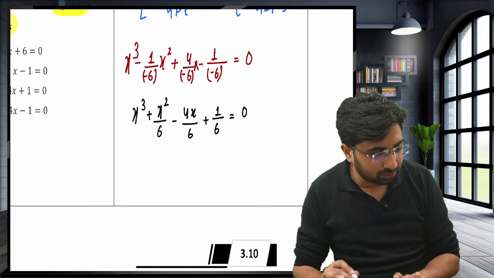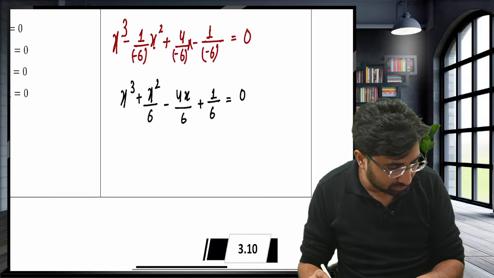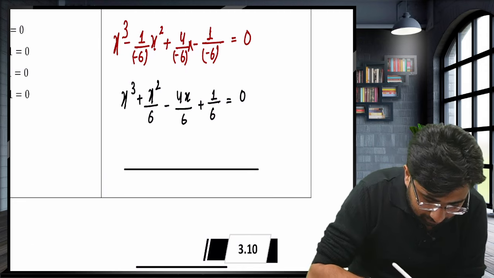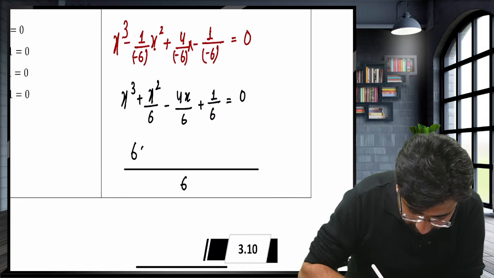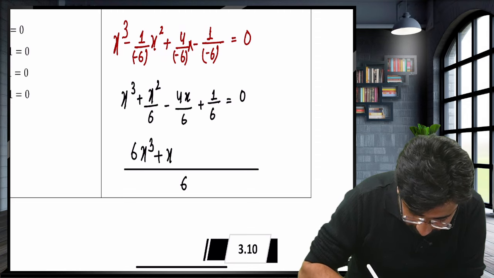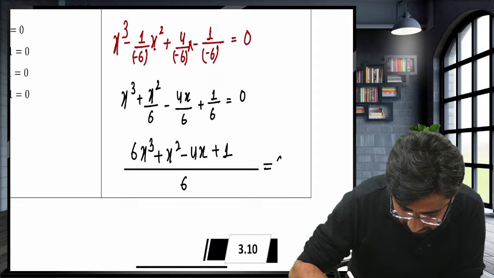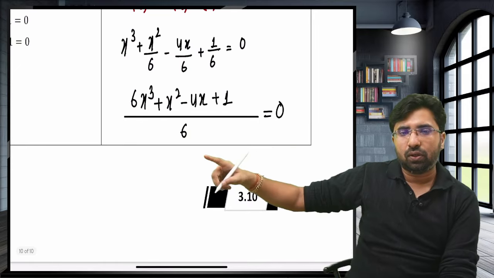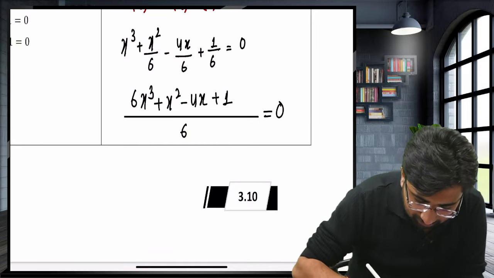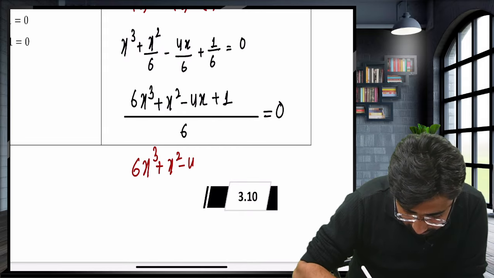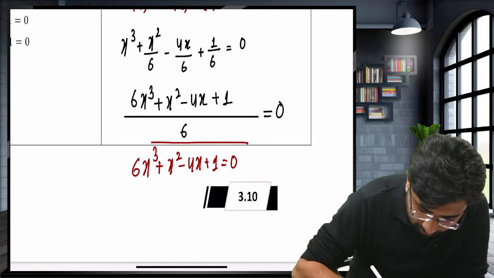Yes, it is a lengthy question. Just for practice we are doing it. Now let's take the LCM. 6 cross multiply: 6x cube plus x square minus 4x plus 1 is equal to 0. This 6 will go to the other side as 0, and you get the answer 6x cube plus x square minus 4x plus 1 is equal to 0.